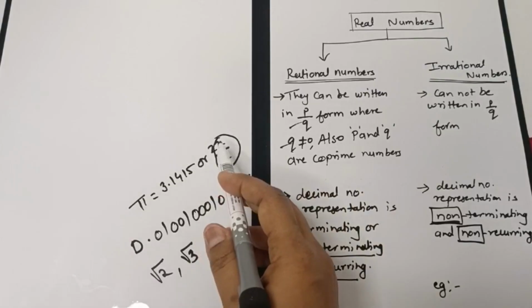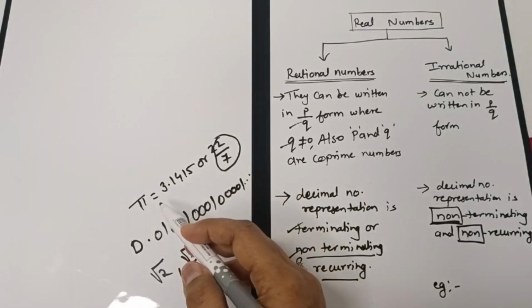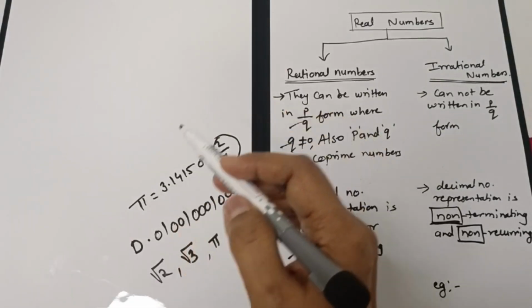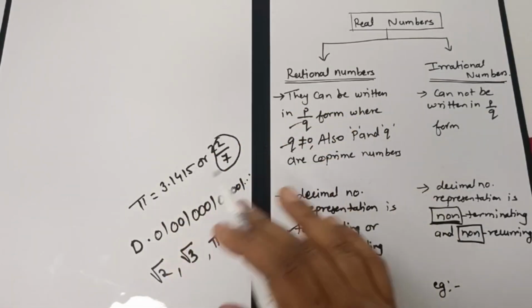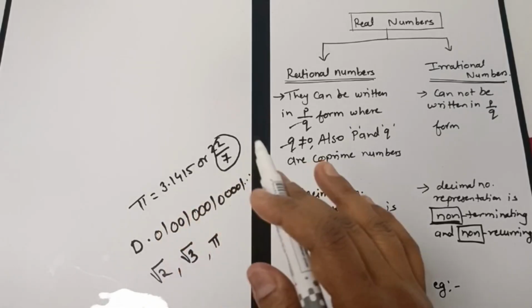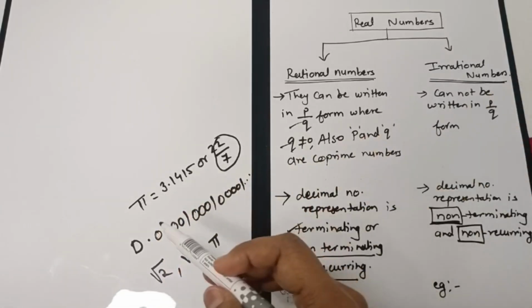See, when I do this 22 by 7, it is non-terminating, not recurring. It goes on in a non-terminating way, 3.1415272829, all those things.